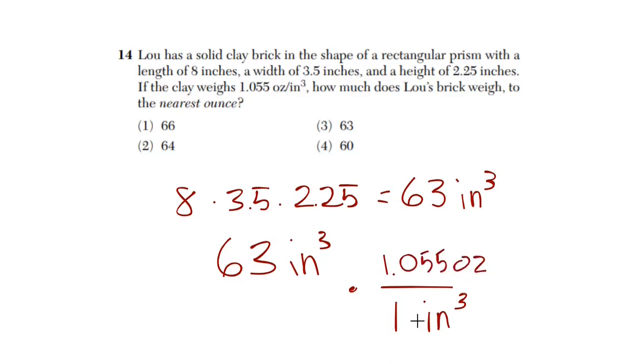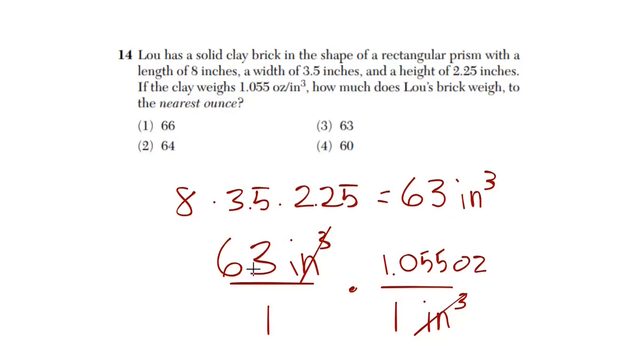There's 1 in the numerator and 1 in the denominator, and we're just multiplying these two numbers together. The only units left are ounces, which is exactly what we want.